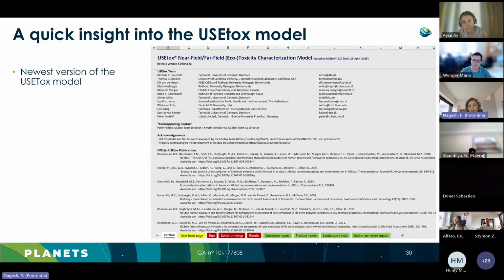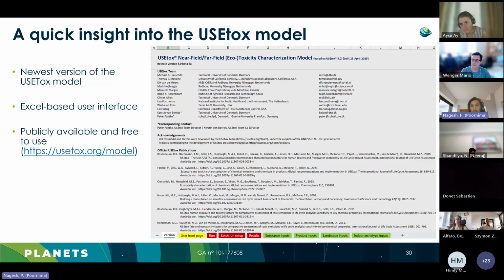This is how I have used the newest version of the USEtox model. I think the 3.0 version, and it's an Excel based user interface, very easy to use, and it's also publicly available and free to use. I've also linked it.